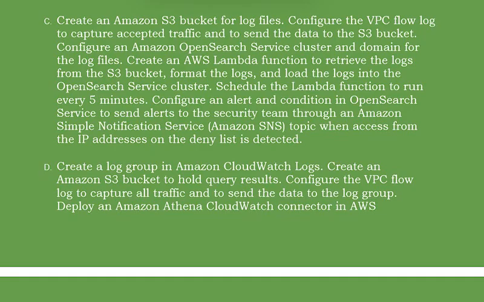Schedule the Lambda function to run every 5 minutes. Configure an alert and condition in OpenSearch Service to send alerts to the security team through an Amazon Simple Notification Service (Amazon SNS) topic when access from the IP addresses on the deny list is detected.